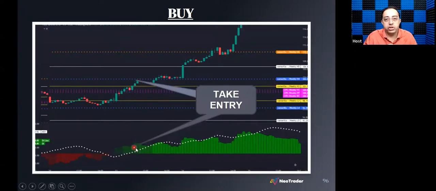Your ADX should also cross 20. When the ADX crosses 20, it does not mean bearish or bullish. It only means that the trend which is there is very strong. That's the identification you want when the ADX is crossing 20.